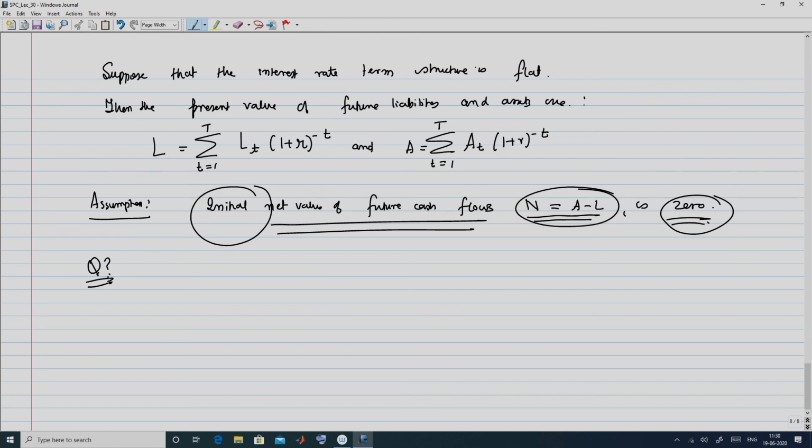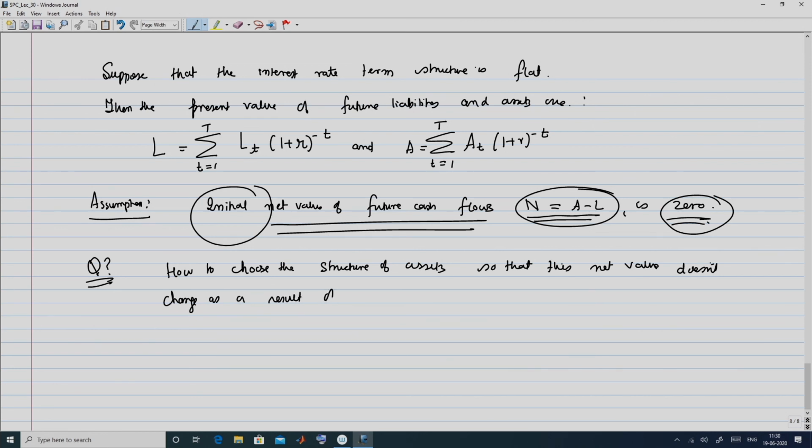And the question that we want to answer is how to choose the structure of assets so that this net value does not change as a result of change in interest rate.